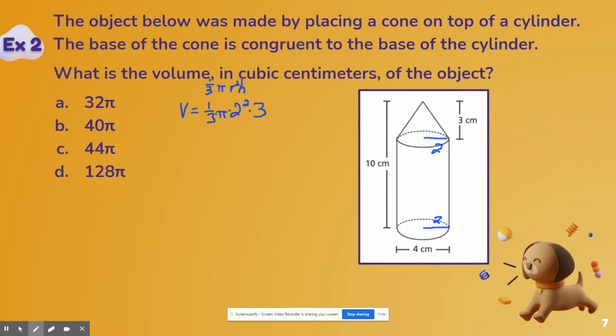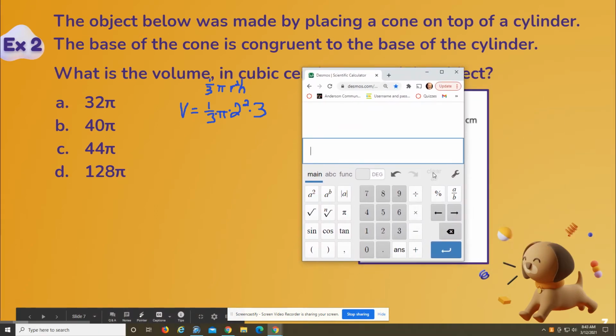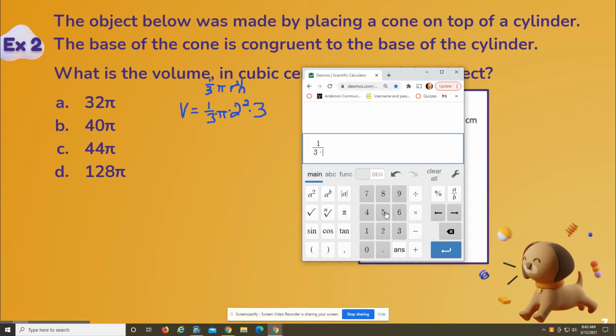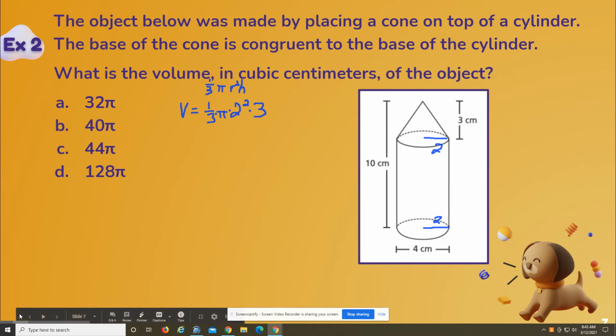So I would bring back over my calculator and I can see they're going to want the answer in pi. So instead of doing all the way through, I'm going to do just up until the pi part. So 1/3 times 2 squared times 3, which gives me 4 pi.